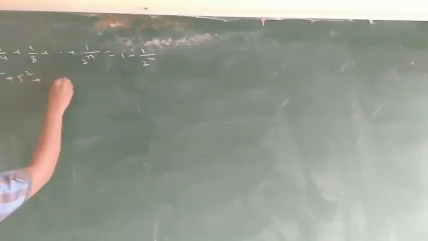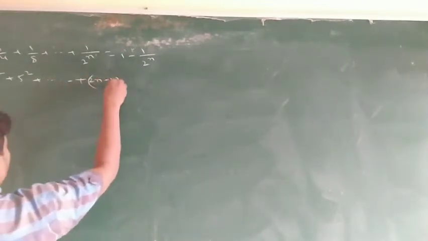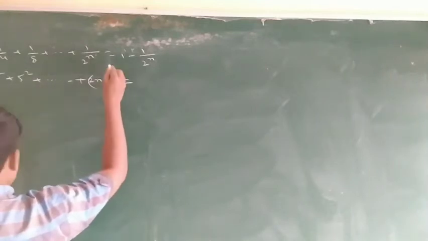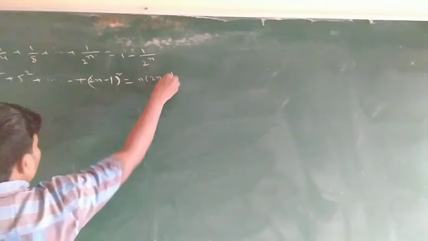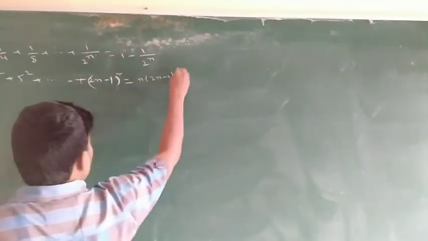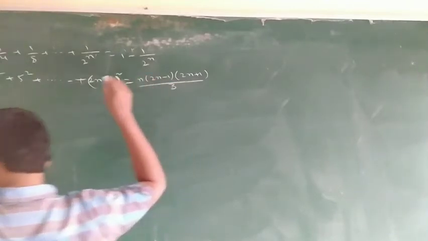Next, the 15th one: 1 squared plus 3 squared plus 5 squared plus and so on plus 2n minus 1 whole squared is equal to n into 2n minus 1 into 2n plus 1 by 3.